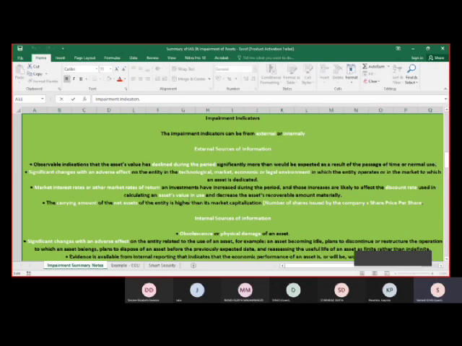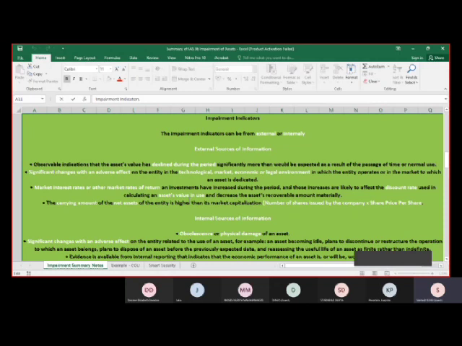So for example, if the cost of borrowings has gone up, it will impact the overall weighted average cost of capital. Meaning that when you now have to calculate the value in use, where you have to discount cash flows to present value, the value in use might go down, might be lower than the carrying amount.